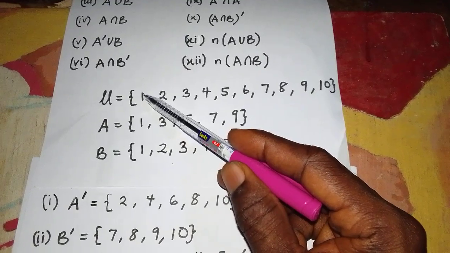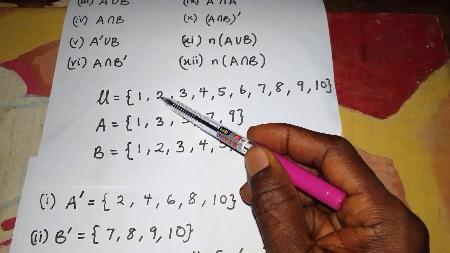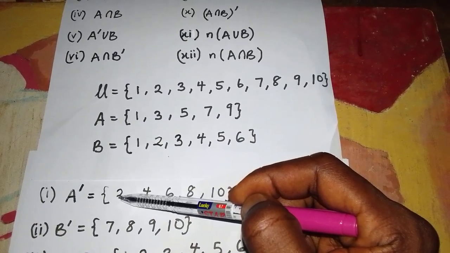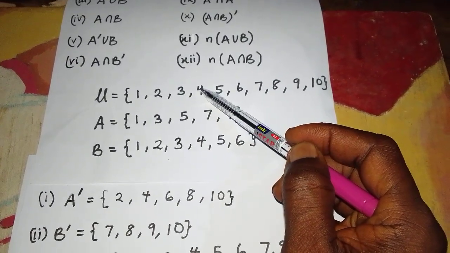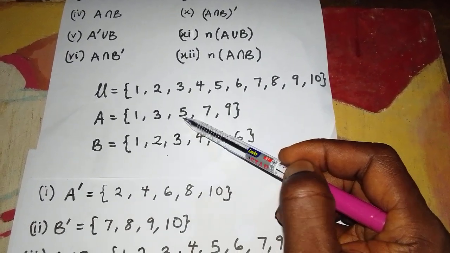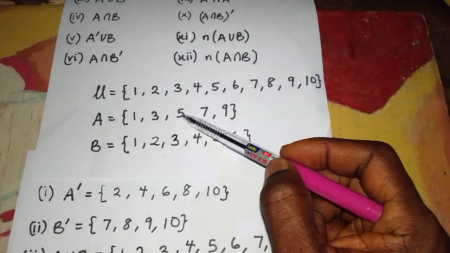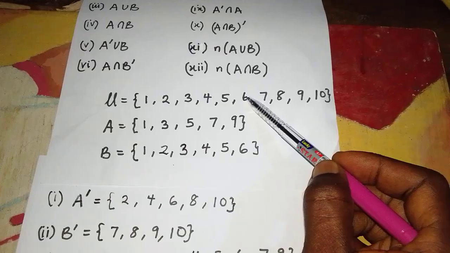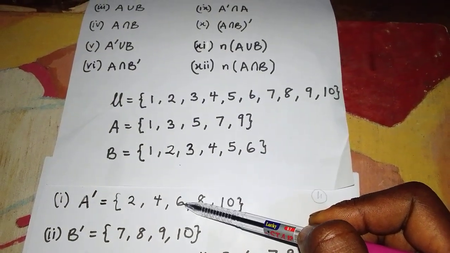So you realize that 1 is in A, that's not part of it. 2 is in the universal set but not here, so you pen down 2. 3 is in A, no. 4 is in the universal set but not in set A, you write 4. 5 is in set A. 6 is in the universal set but not in set A, so another number is 6.